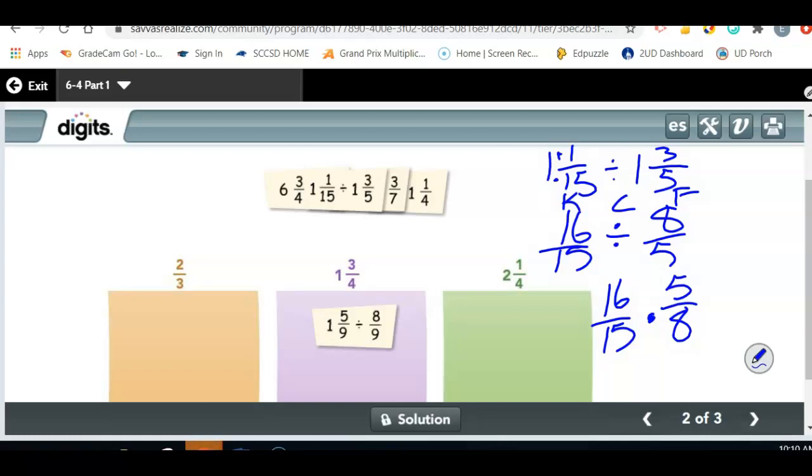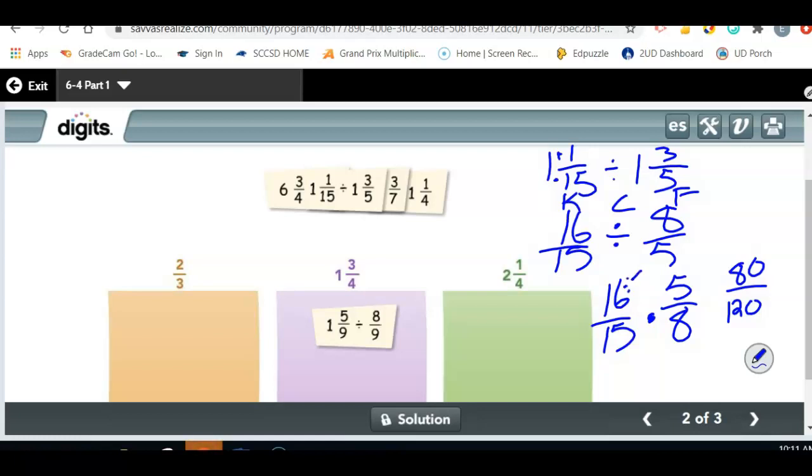Raise your hand if you just multiplied straight across here. Okay, what'd you get? Okay. If you didn't multiply straight across, what did you do? Good.